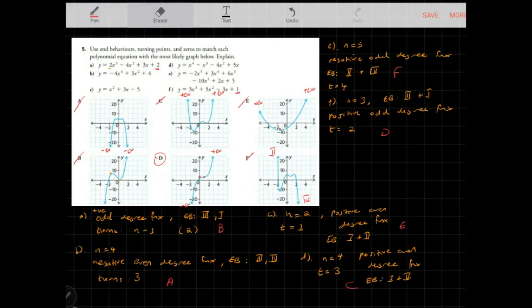So I would probably switch these two because of the y-intercept, right? So this would basically be D, and then this would be B. Okay, just because the y-intercept here is 0 and 1, and the y-intercept here was 0 and 2. Okay, but other than that, everything else will suffice.